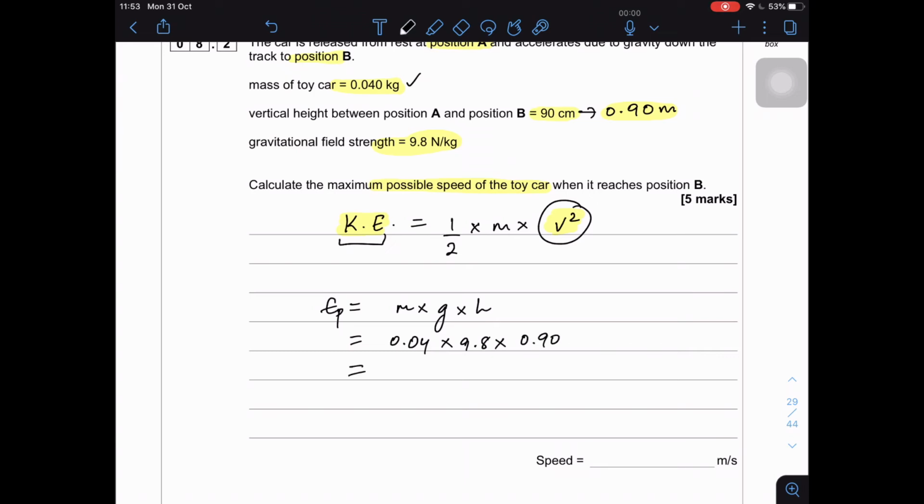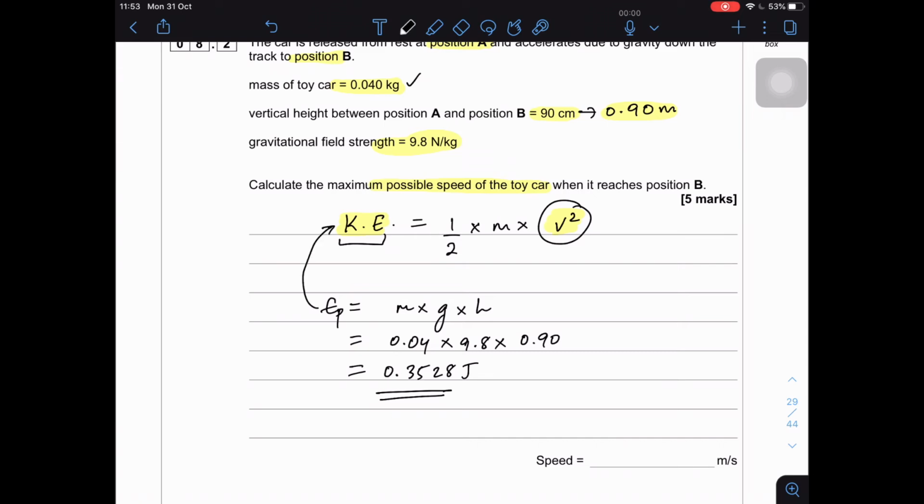When you do the calculation, you should get 0.3528 joules.